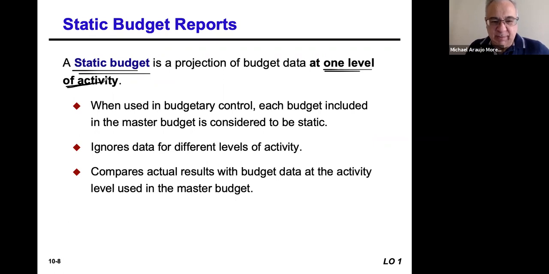And you're going to see what I mean by that in a moment. Static budgets ignore that different levels of activity can occur because they focus on simply one level of activity. And so it's very hard to use this unless there's some flexibility to it, as you'll see.